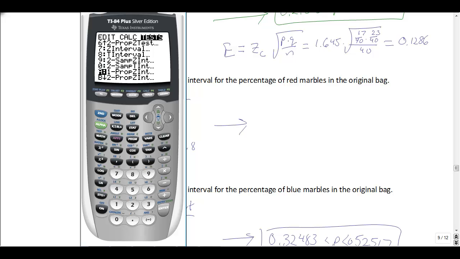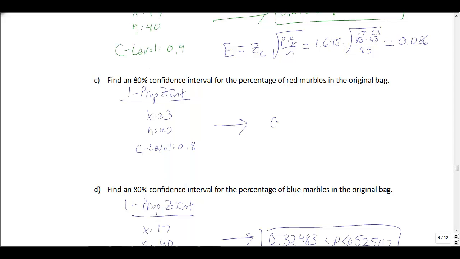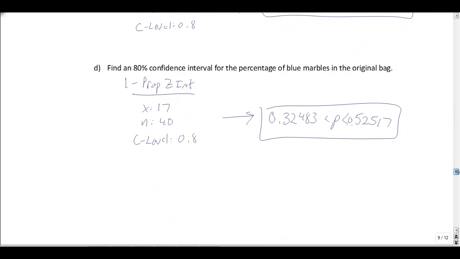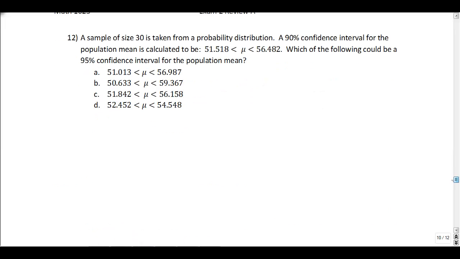Oops, too many. There we go. I just changed that 17 to 23. Go to calculate, and I get 0.47483 less than p less than 0.67517. So there's my answer. Okay, next question.